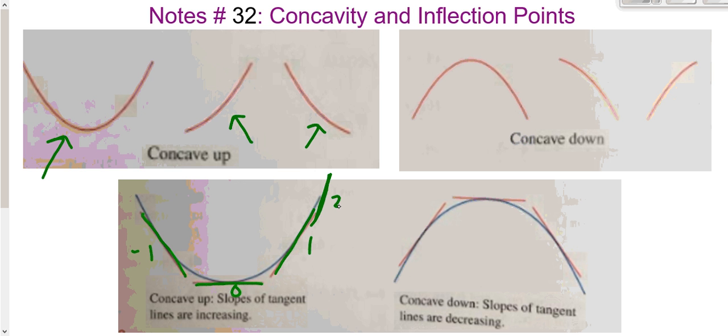So what's happening with those numbers? When you go from -1 to 0 to 1 to 2, those numbers are increasing. The slopes of the tangent lines are increasing. That means that f prime is increasing. So if f is concave up, f prime is increasing.